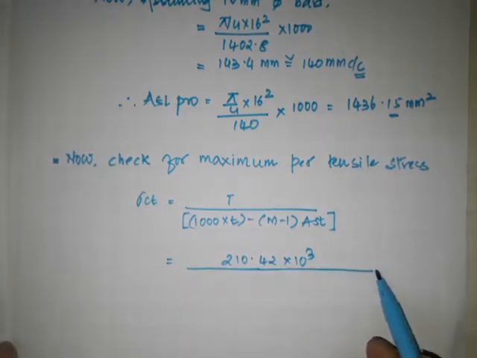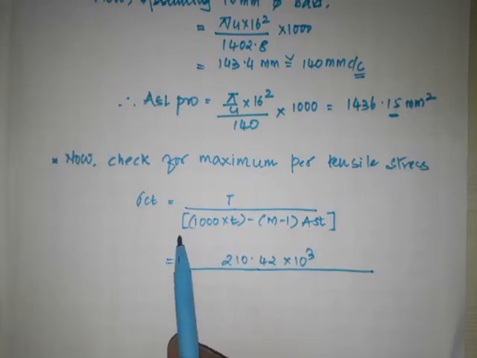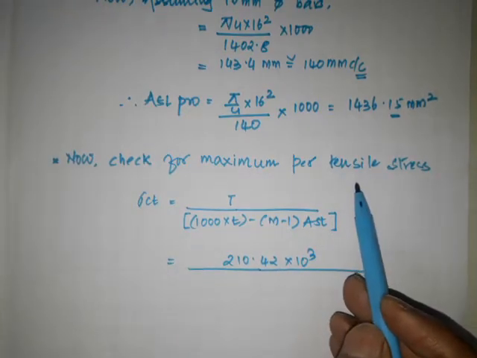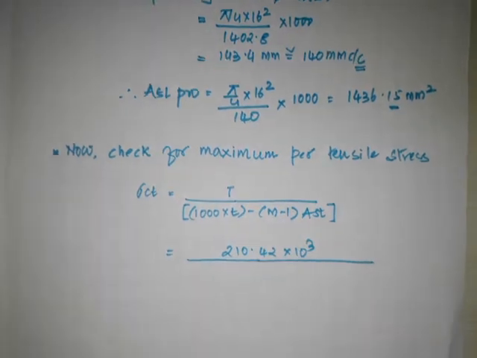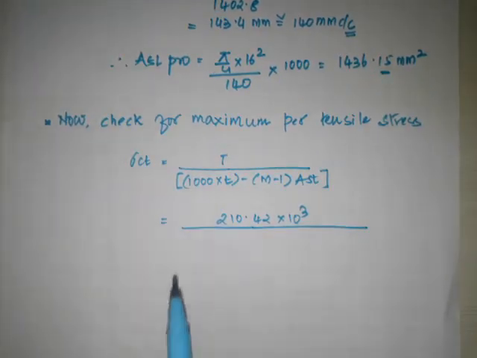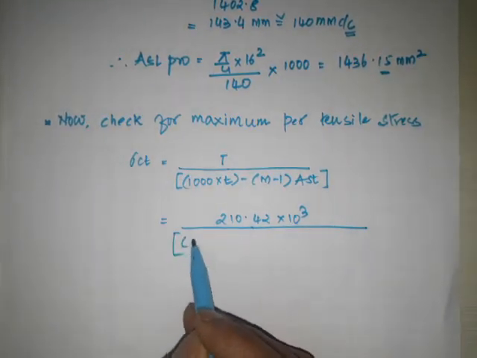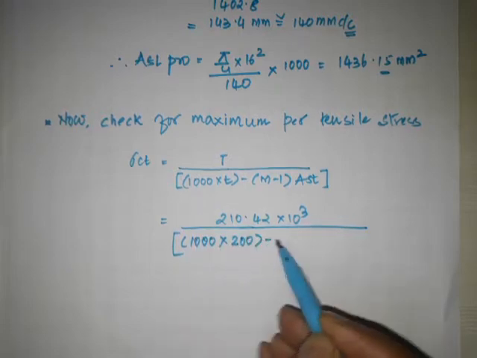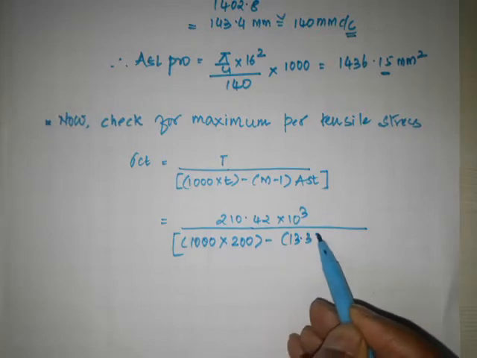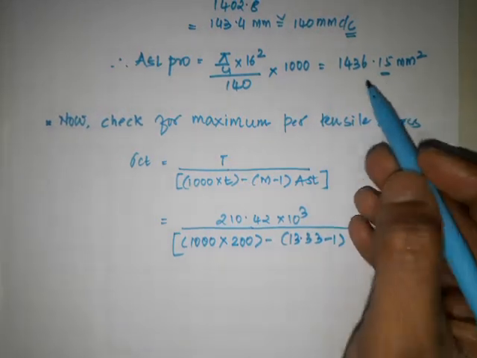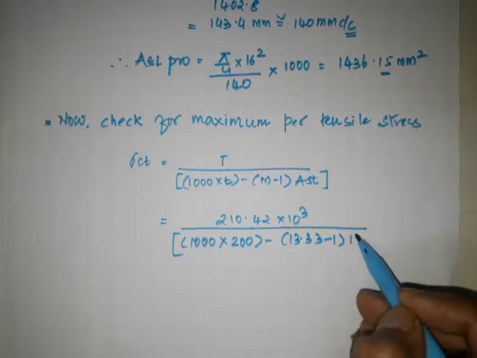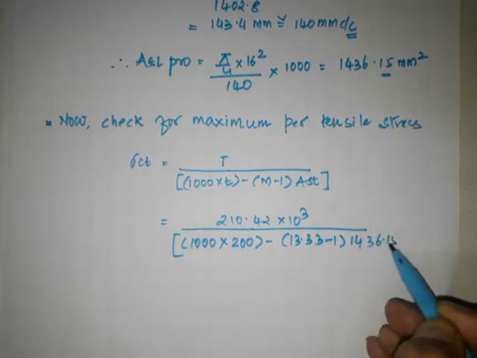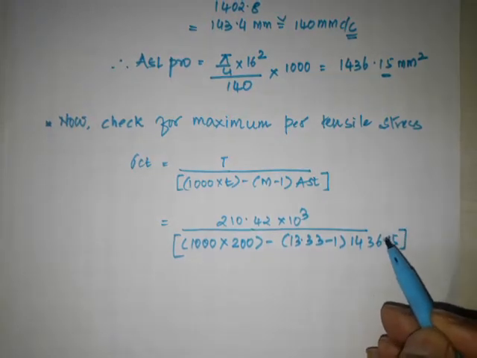So now we are checking whether the concrete provided is capable to resist the tensile stress or not, because of the hoop tension. Okay, then we have again here 1000 into T is 200 mm minus 13.33 modular ratio minus 1, and the AST provided is this much, 1436.15. Okay, clear?